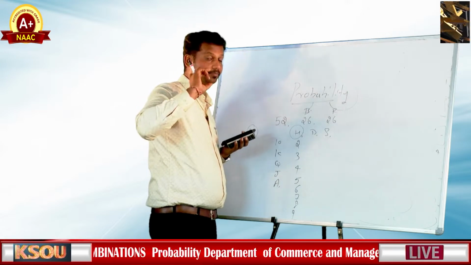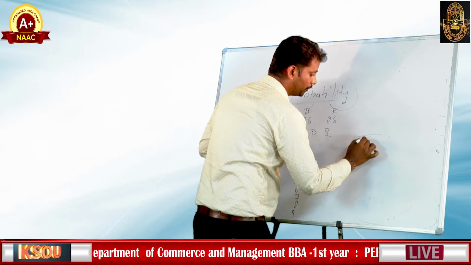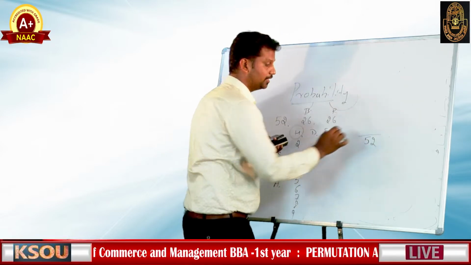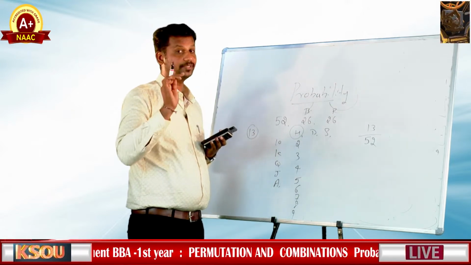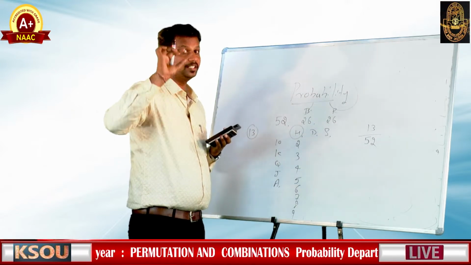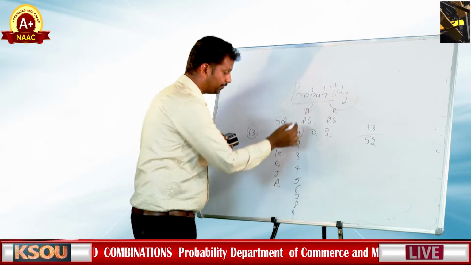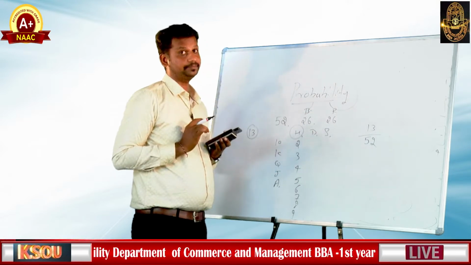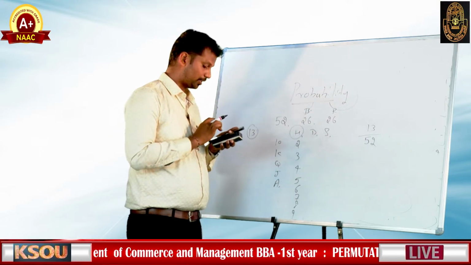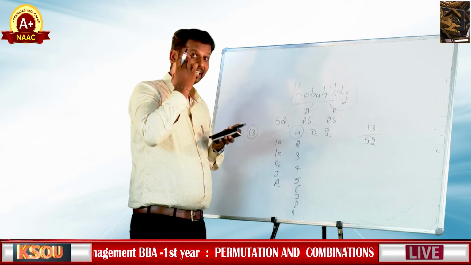The probability of getting the heart will be 13 out of 52 cards. I think it's very clear. The question is: what is the probability of getting the heart? Clear?